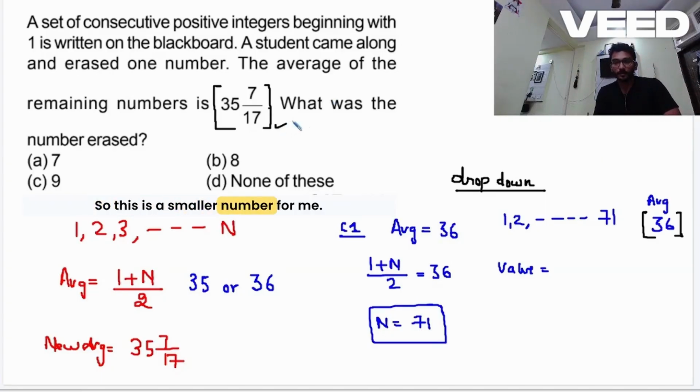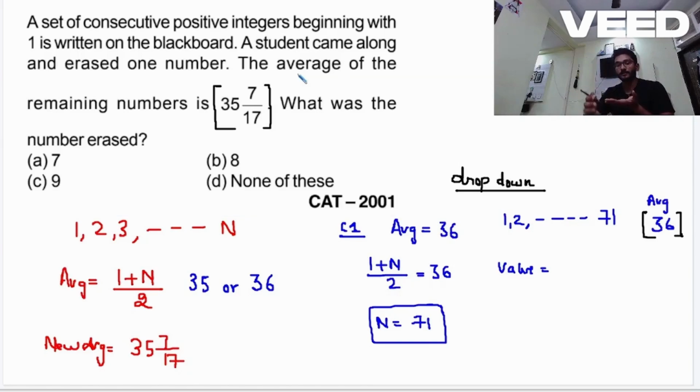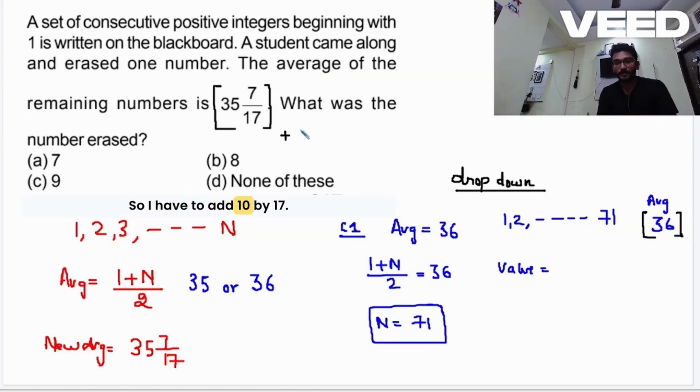So this is a smaller number for me. How much do I have to add to 35 7 by 17 to make it 36? I have to add 10 by 17. If I add these two values, they will add up to 36. Correct? So I can say that the average dropped down by 10 by 17.